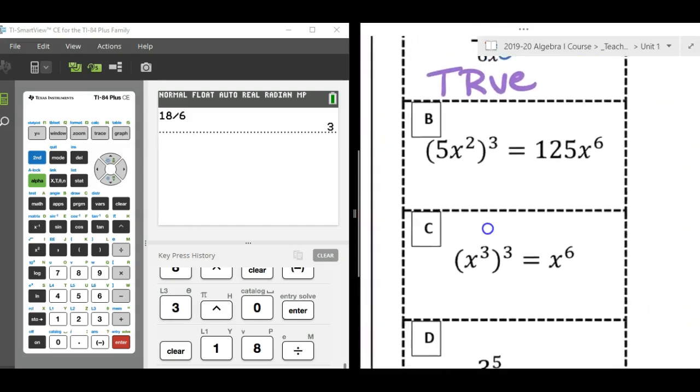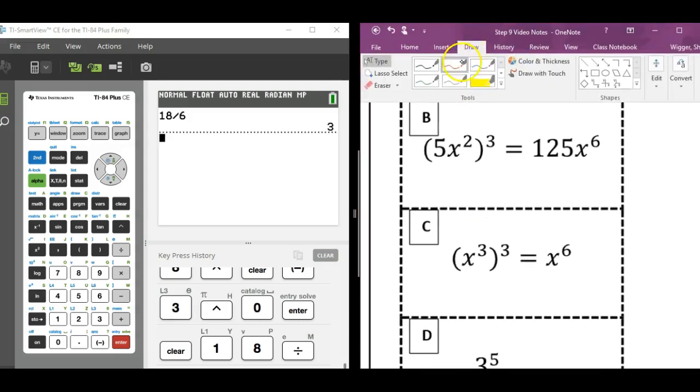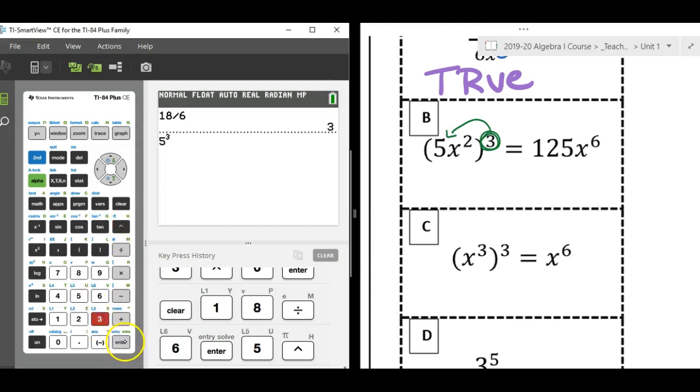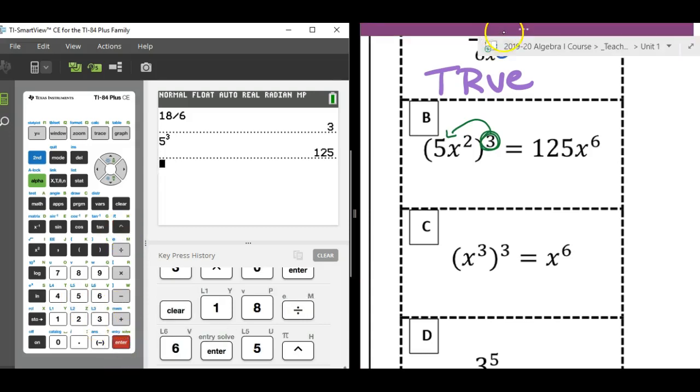Let's look at B. Power raised to a power. 5 raised to the third power is 125. 125 is correct.